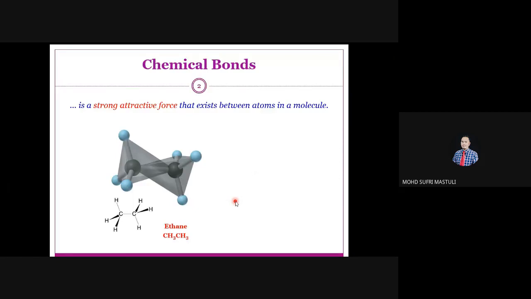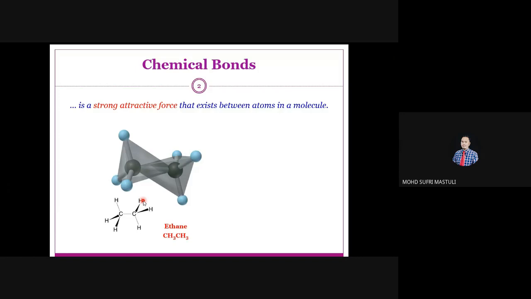First, you should be able to define what is a chemical bond. A chemical bond is a strong attractive force that exists between atoms in a molecule. For example, in this compound, there are seven chemical bonds.